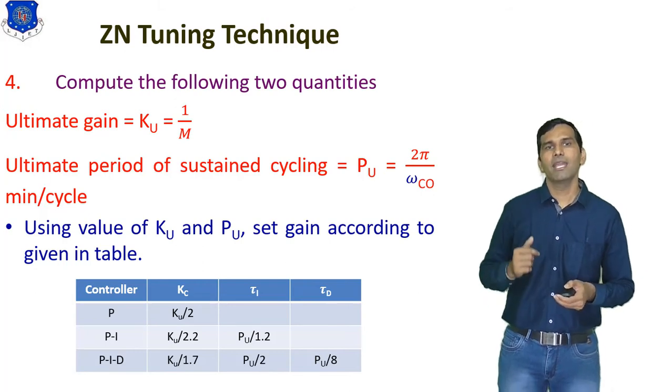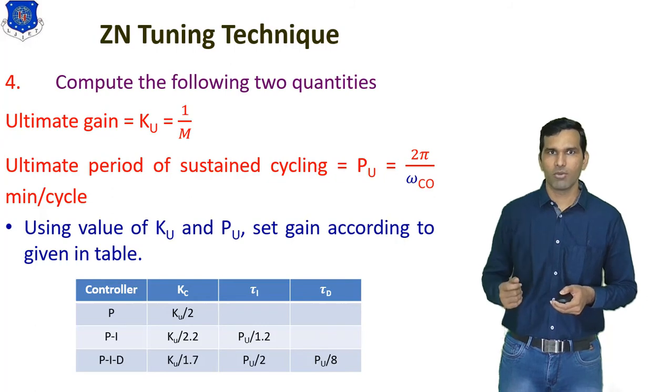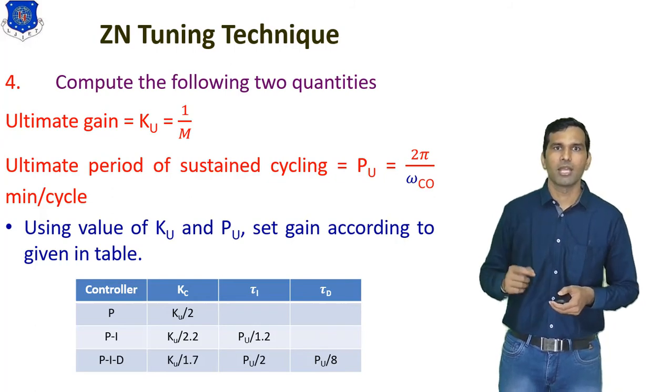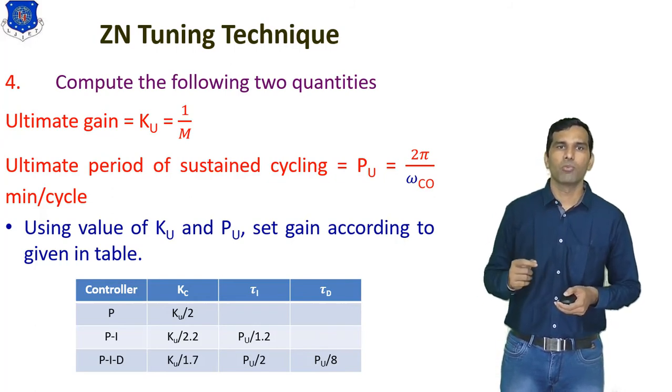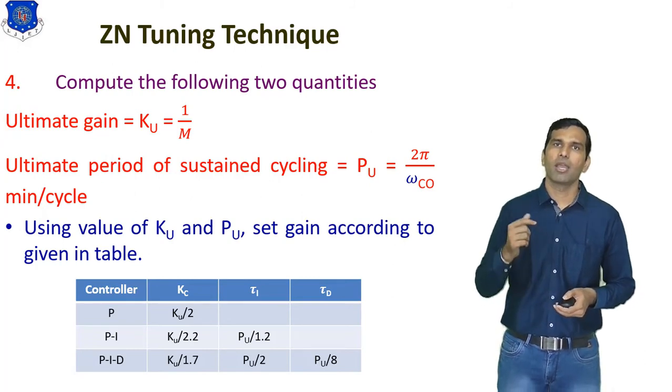And for the PID, we use Ku upon 1.7 to get Kp. Then for Ti, we get Pu upon 2, and for Td, Pu upon 8.